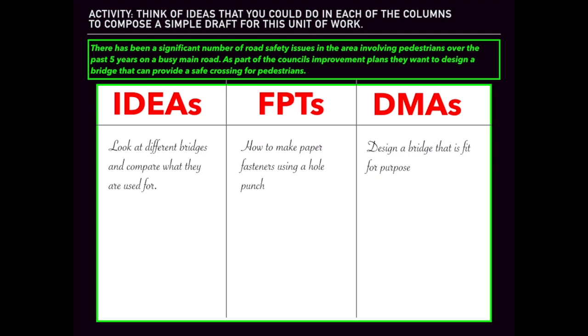Remember, you can use this in collaboration with the IDEAs, which also gives the children a wider context of the initial idea, shows them what bridges are available and gives them ideas of what they would like to create. You can now pause this video to give yourself 5 to 10 minutes to complete this task.